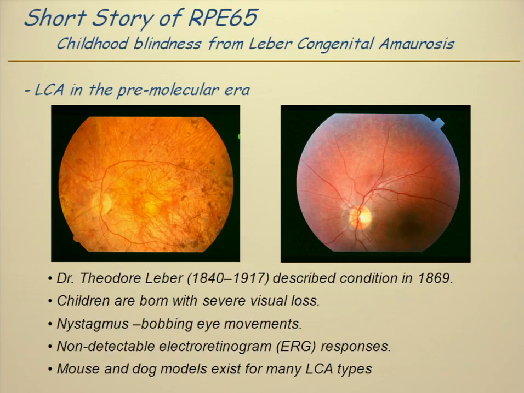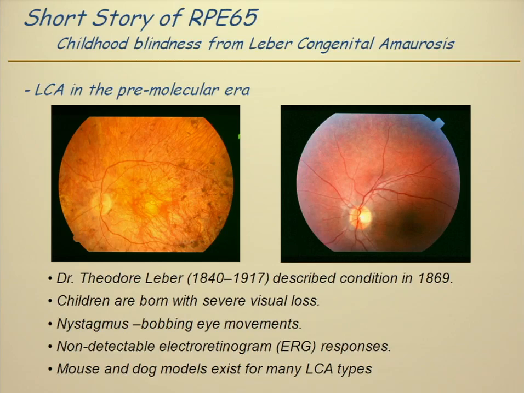And a century later, when the electroretinogram was invented, the responses were found to be non-detectable. The electroretinogram is similar to the electrocardiogram, but in this case it's for the retina, the neural tissue in the eye. And that tissue was not functioning.